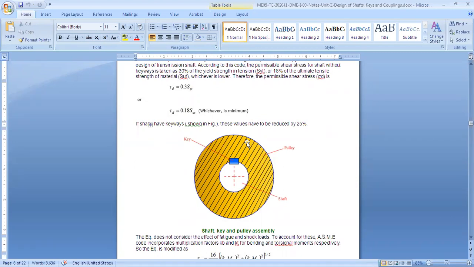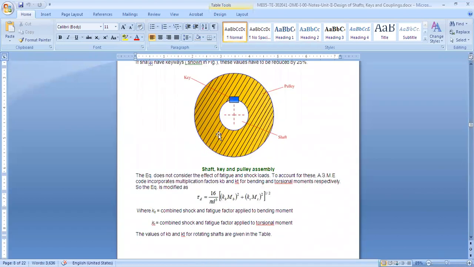So now my allowable stress has come a little bit further down because of the keyways. I have considered an extra factor of 0.75 just to account for the keyways, and we will use those now as our allowable stresses.